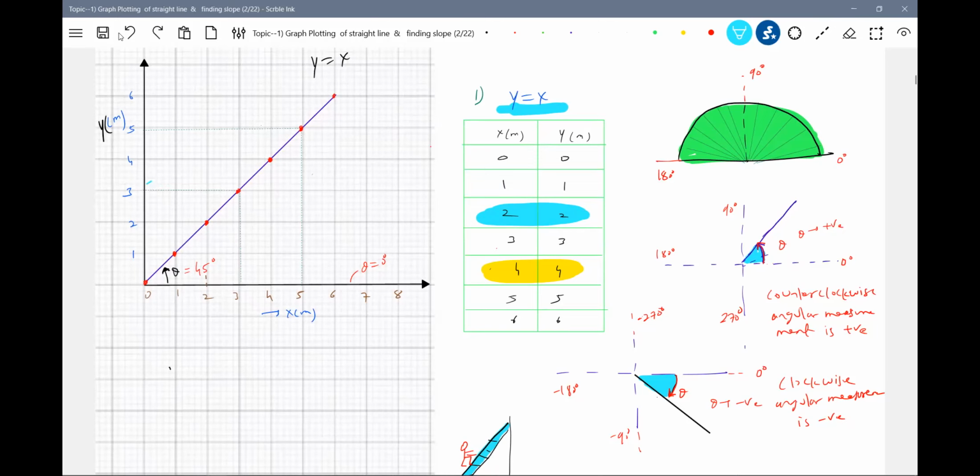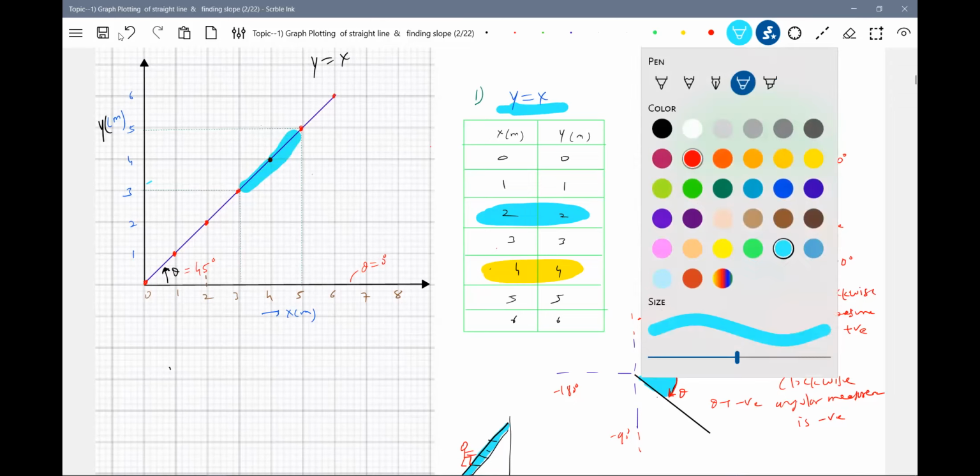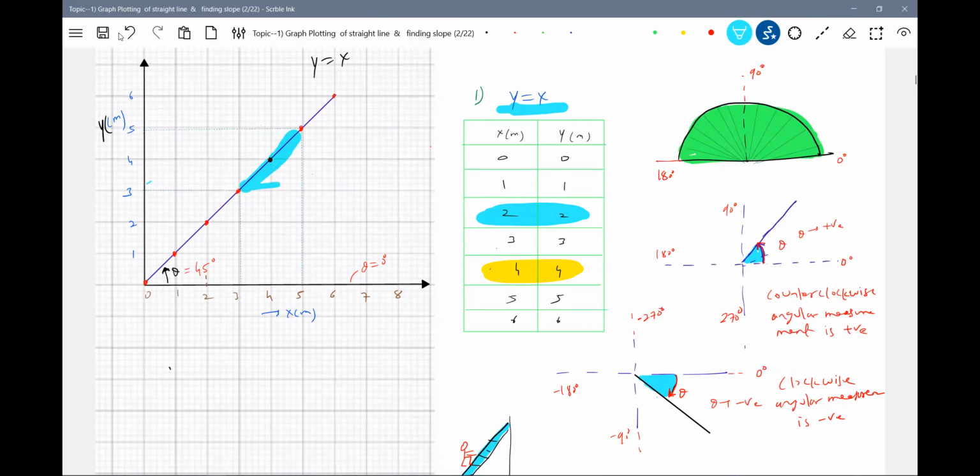Now I'm shading the part which is very much needed for us. See, you are seeing a triangle. I'm choosing x1, corresponding to that y1. I'll choose another point x2 equal to 5, corresponding to that y2, and this will be delta y. And this distance I'll call delta x.